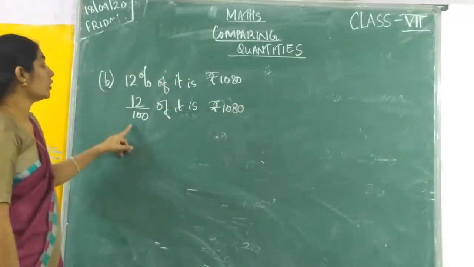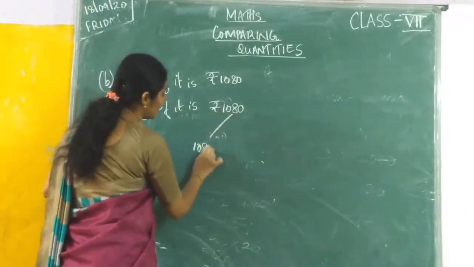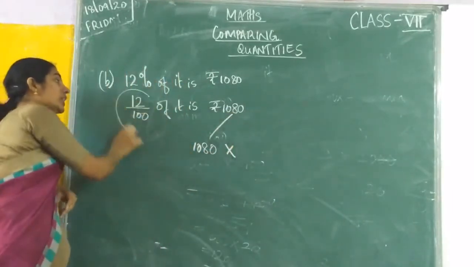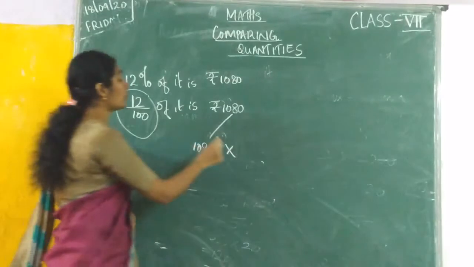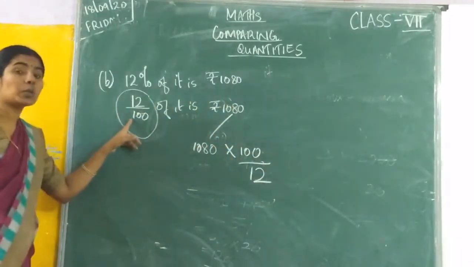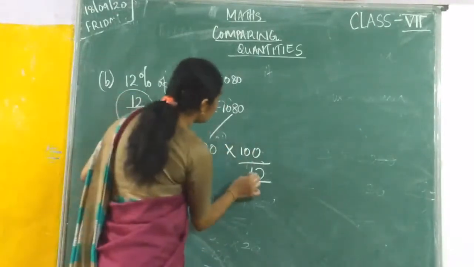Now, how to find the whole quantity? This 1,080 you should multiply with the reciprocal of this fraction. So what is the reciprocal of this one? 100 by 12. What is the reciprocal of this fraction? 100 by 12. So what will you get?